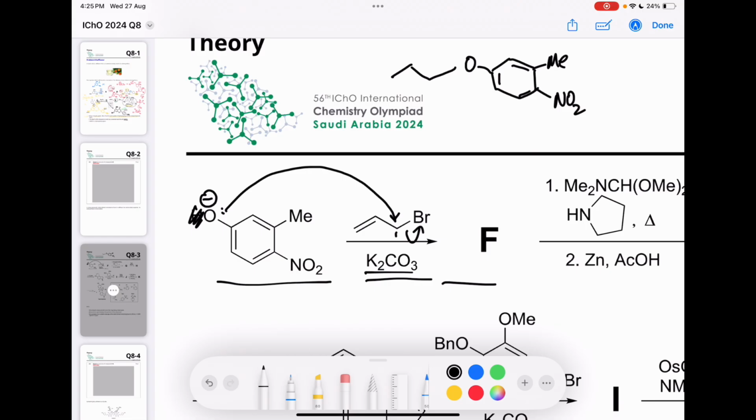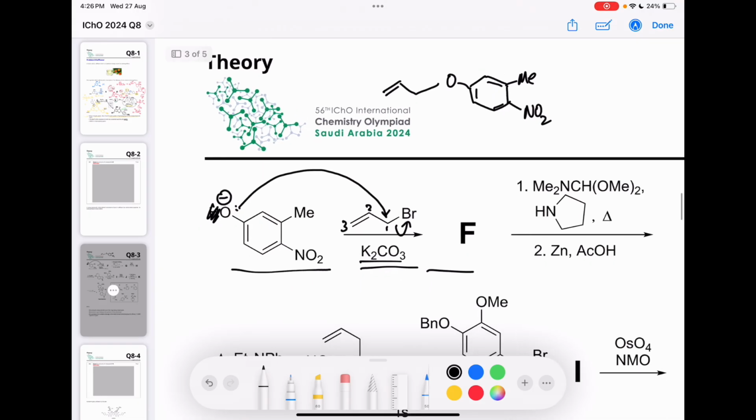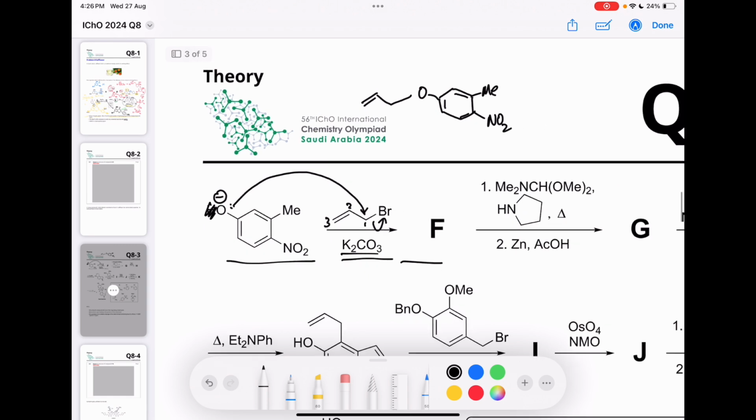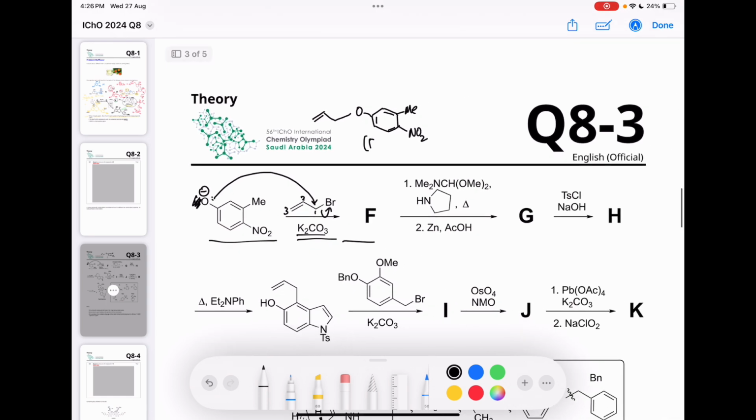So you see, this is 1, 2, 3, 3 carbons. I drew 2 just now. So yeah, another reminder that carbon tracking is really important. Please remember the number of carbons and remember to check them before proceeding. So this will be your structure F.